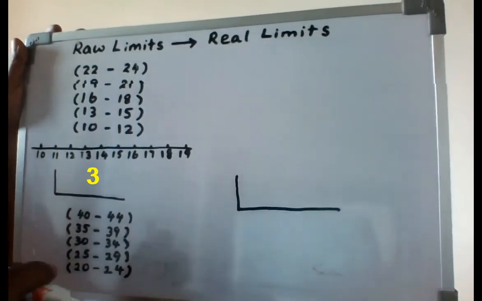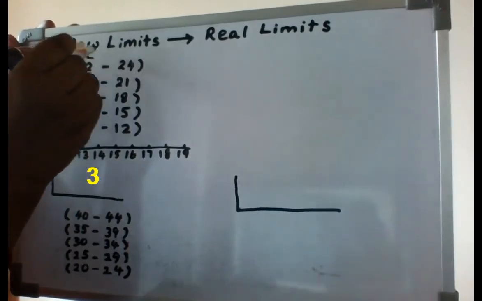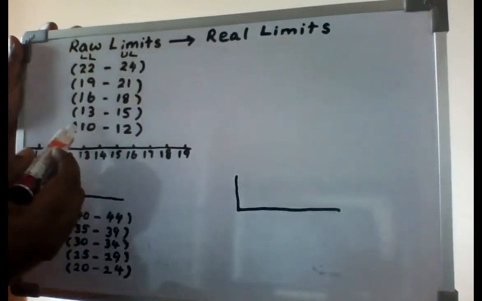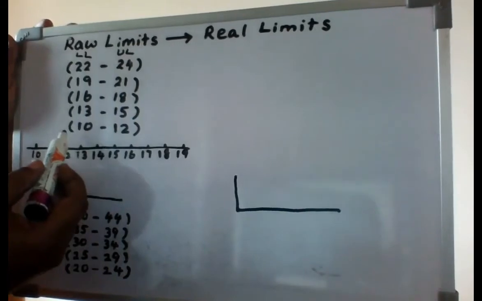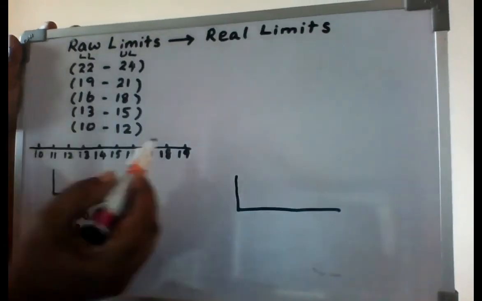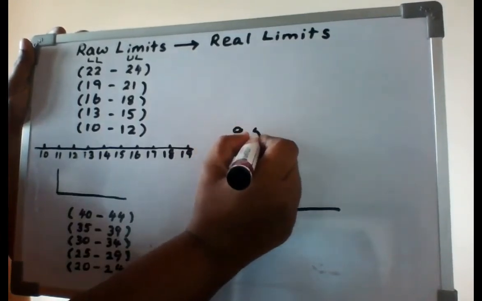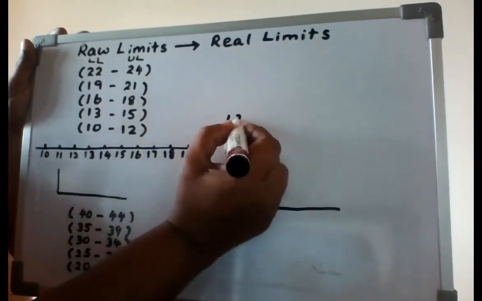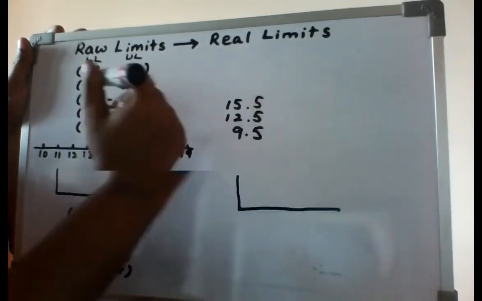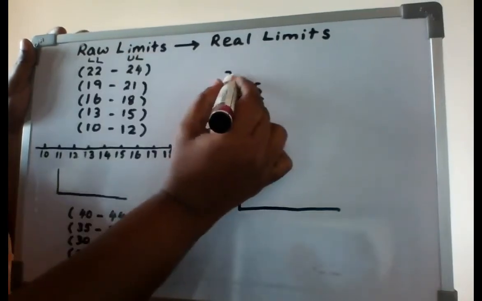Right, now you know this is the lower limit and this is the upper limit, and you will have to subtract 0.5 from the lower limit. 10 becomes 9.5, 13 becomes 12.5, 16 becomes 15.5, 19 becomes 18.5, 22 becomes 21.5.